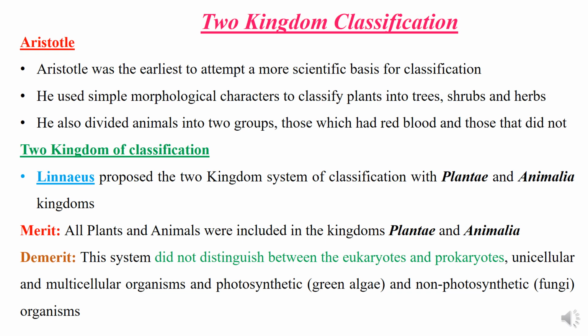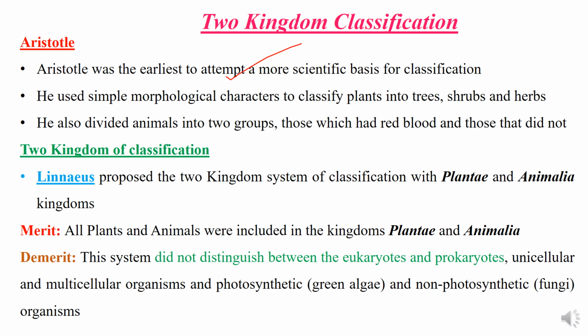Initially the classification started with Aristotle, who attempted a more scientific basis for classification. He emphasized simple morphological characters, that is, how the organism looks externally, to classify plants into trees, shrubs and herbs, that is, big in stature, medium in stature or small in stature.